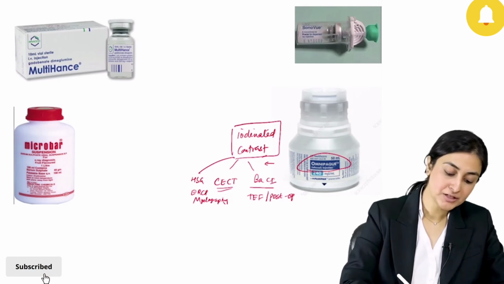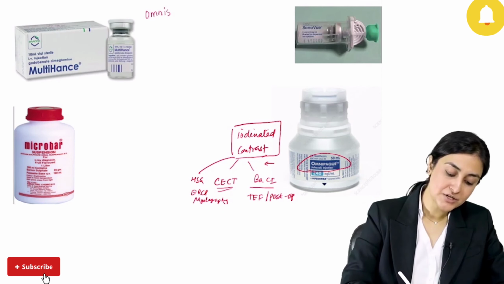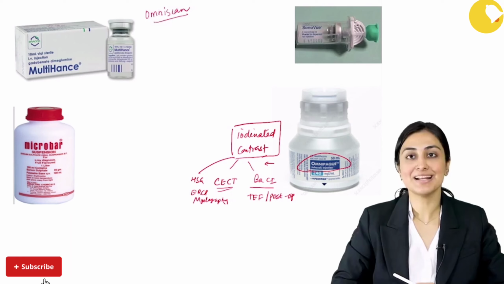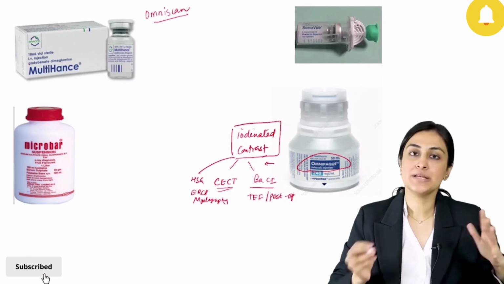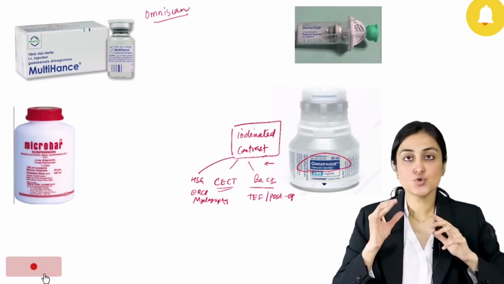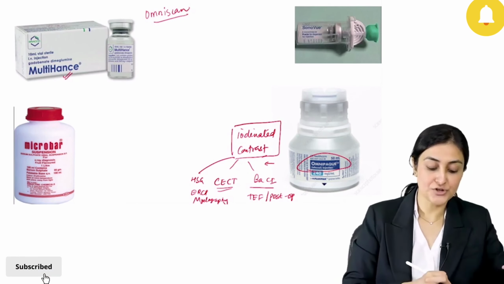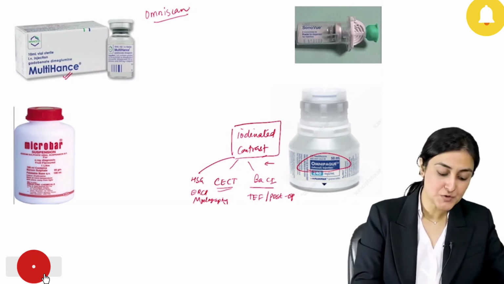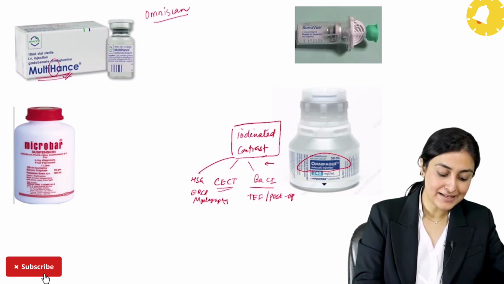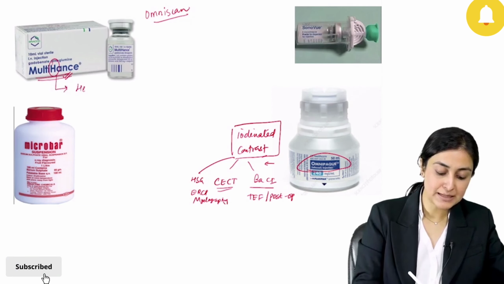So just remember here one more MRI trade name that we have for an MRI contrast agent is Omniscan. Okay, so do not confuse Omnipaque with Omniscan. Apart from that, one commonly used contrast media for MRI is what is called MultiHance, and the H here I want you to remember, it's a hepatocyte specific contrast agent.